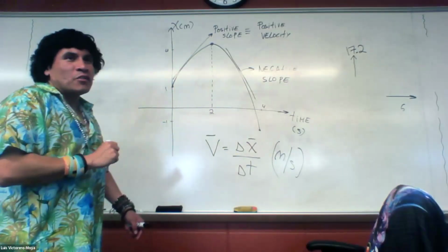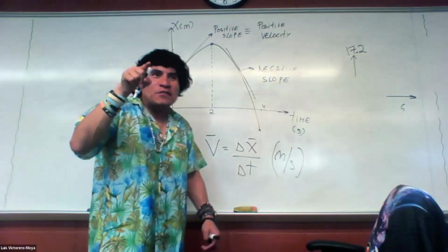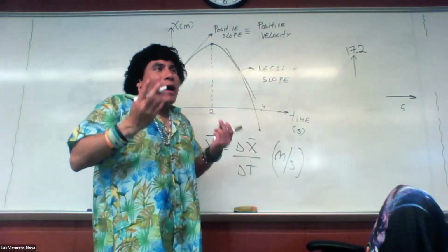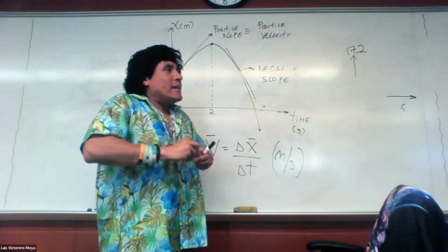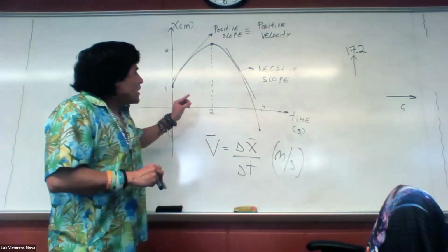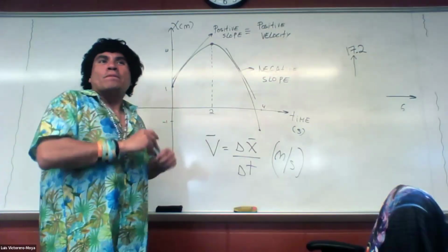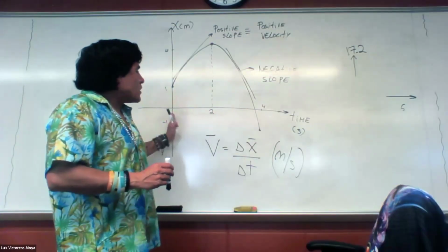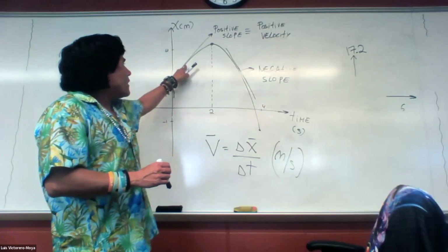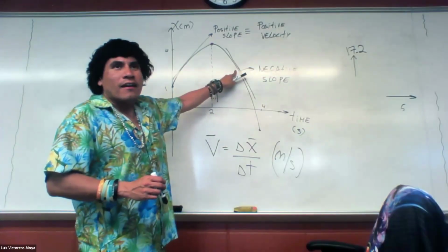So that's why these graphs are useful. The other reason they are useful is for the instantaneous velocity. What is the instantaneous velocity? It's basically the velocity at a given second, not in between 2 and 4 or 0 and 2. It's the velocity at 1, the velocity at 3.